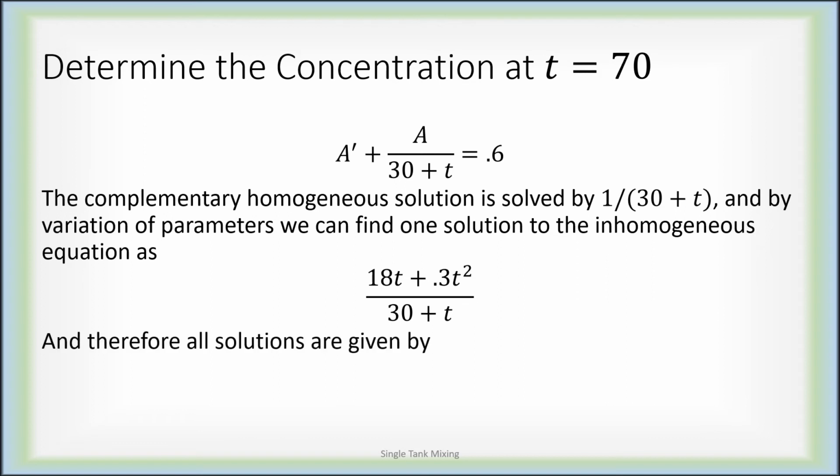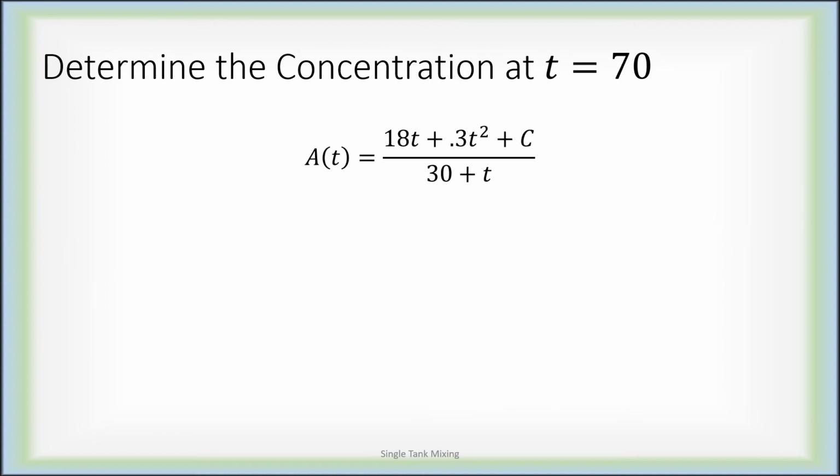So therefore, all solutions are given by this single inhomogeneous solution plus 1 over 30 plus t times some constant. So this c here is for my 1 over 30 plus t times a constant. So this represents all solutions up through time t equals 70, because after time t equals 70, the system fundamentally changes.